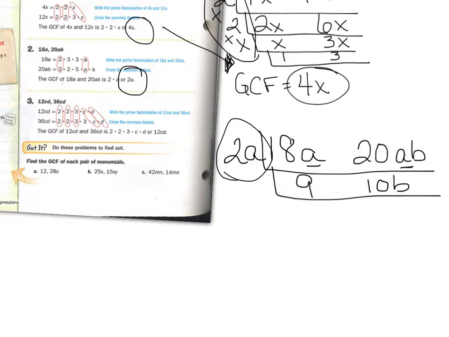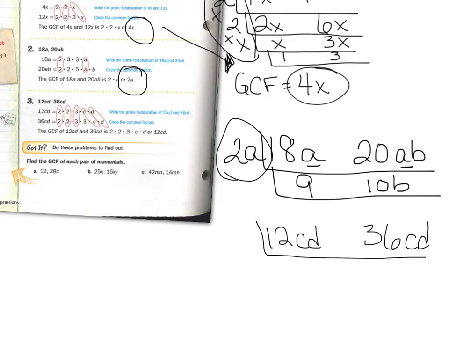Let's do one more. 12cd and 36cd. What are the greatest common factors of those two monomials? Well, I see that there's a 12 and a 36, so I think 6 would be a good idea to start with. 6 goes into 12 2 times, and into 36 6 times.